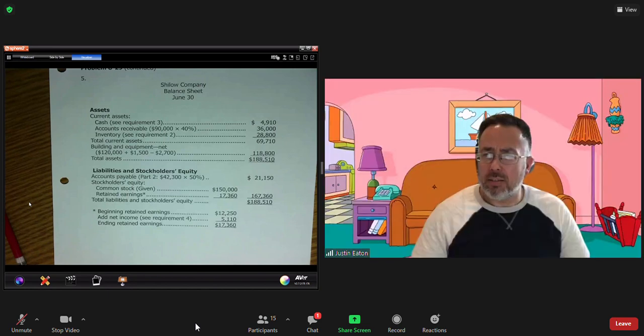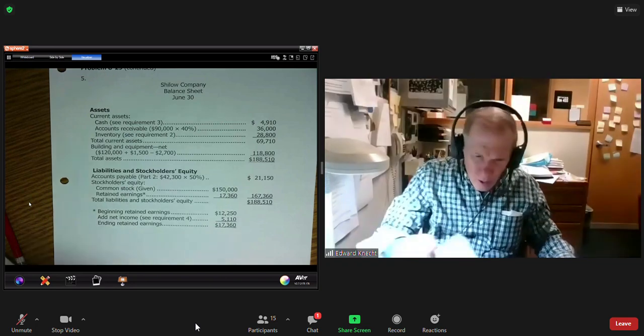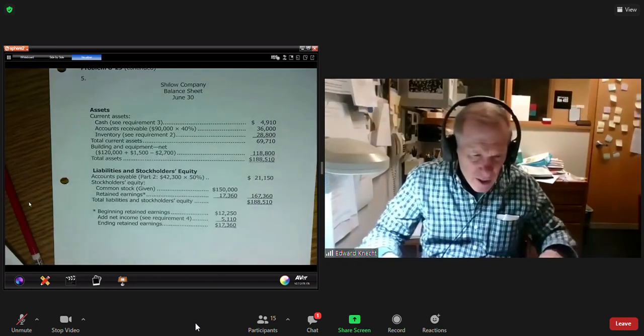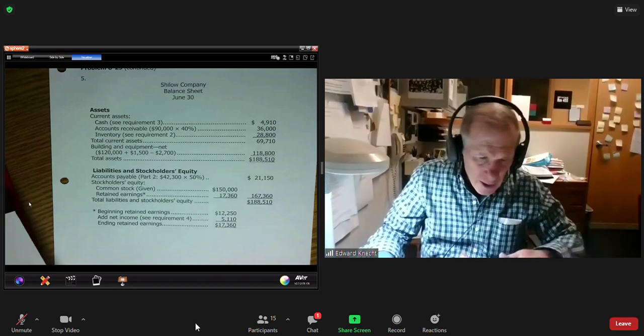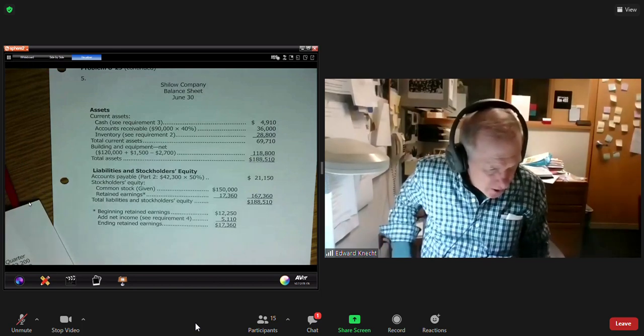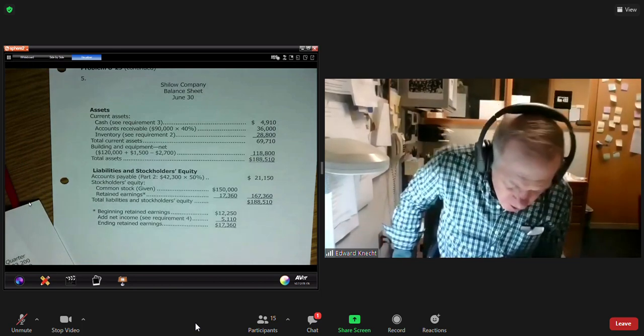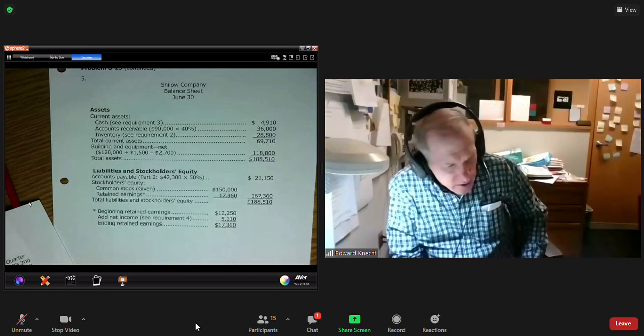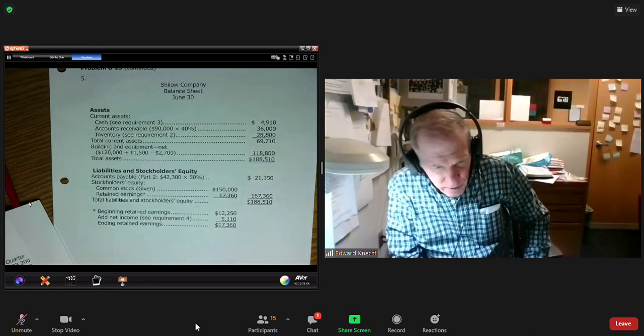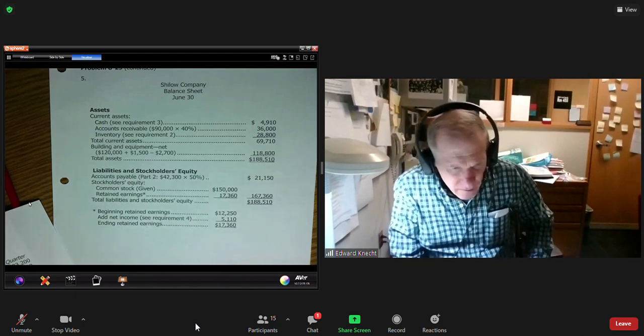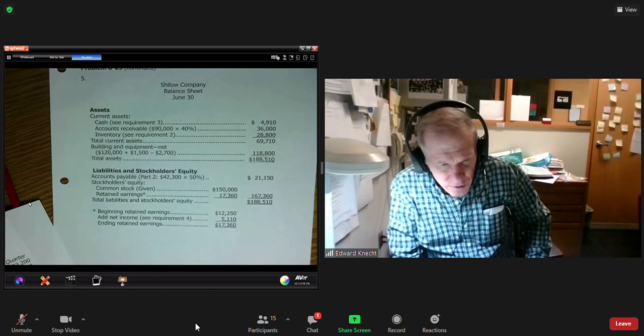Ed, in the income statement and the balance sheet, where do the accounts receivable amounts come from? Okay. Well, let's take a look at the first page. The first page shows the current assets and the other assets and liabilities and stockholders' equity. But at the top of page 407, they tell us sales are 60% cash and 40% on credit.